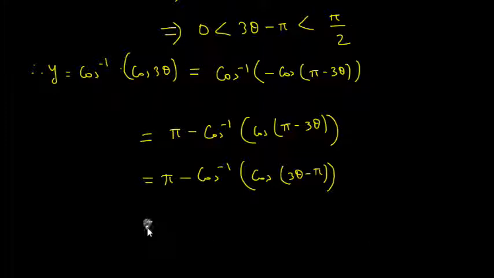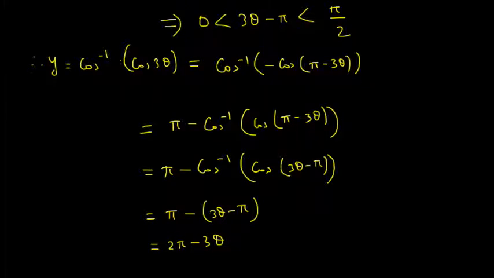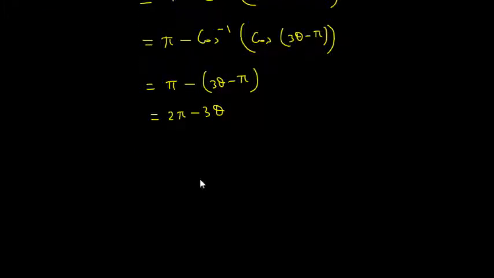So we can write pi minus (3 theta minus pi), which is equal to 2 pi minus 3 theta. Now putting the value of theta, we get 2 pi minus 3 cos inverse x.